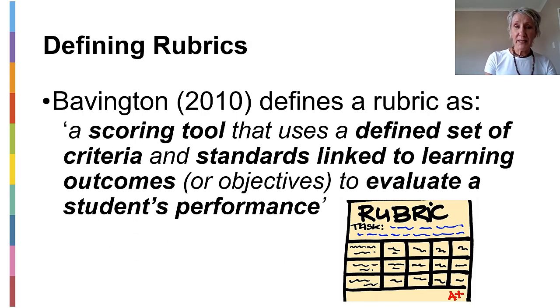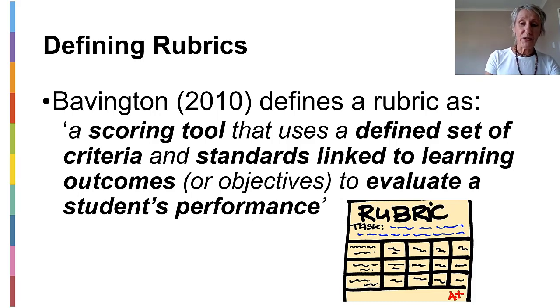Right, so let's look at a definition of what a rubric is. According to Babington, 2010, he says a rubric is a scoring tool, how you get your marks. And it uses defined sets of criteria, whether it is for speaking, so you look at voice projection, you'd look at pace, you'd look at gestures, you'd look at tone, you'd look at audibility. So you'd have your defined set of criteria, and then you'd link it to different standards.